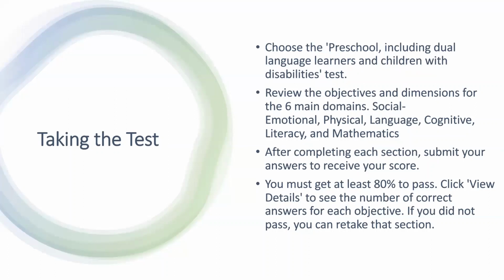Then, after completing each section, submit your answers to receive your score. You must get at least 80% to pass. Click View Details to see the number of correct answers you have for each objective. If you did not pass, you can just retake that section.